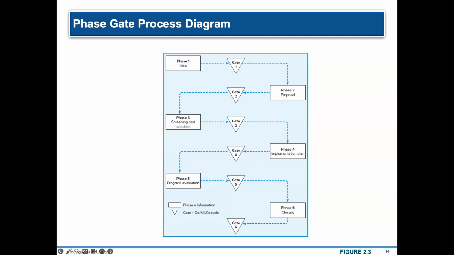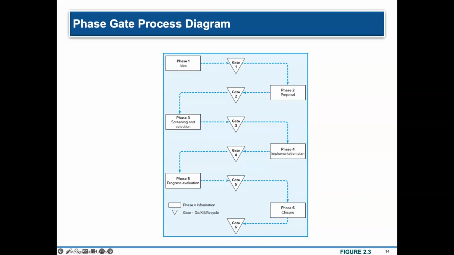If it's a go, then you proceed to phase number 4, which is where you will start showing your implementation plan. When you share your implementation plan, of course, you will have to show the management the entire implementation process. How are you going to go about it?